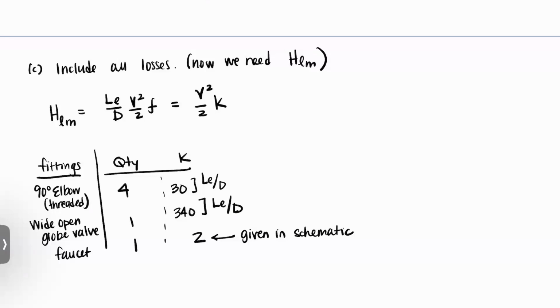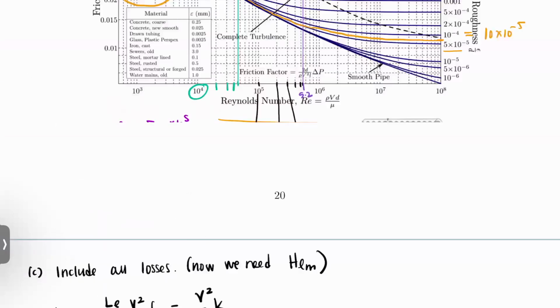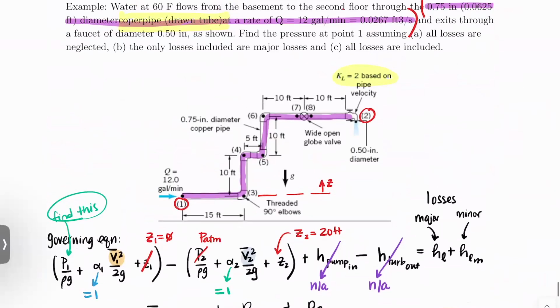Yep. Where was the K value again? Oh, it was in the picture, right there at the top. Use F from the last one. Yep.